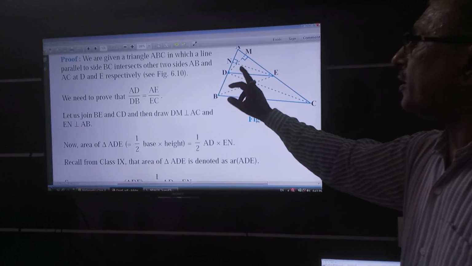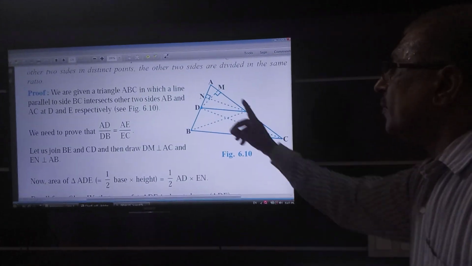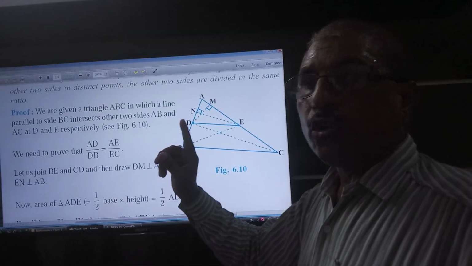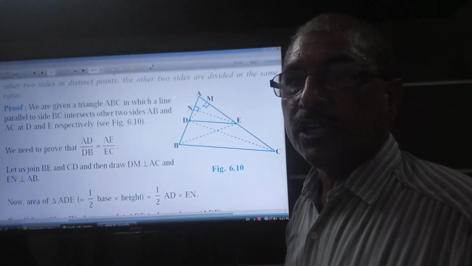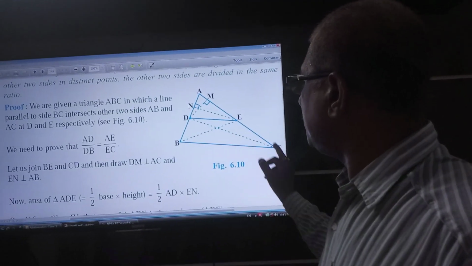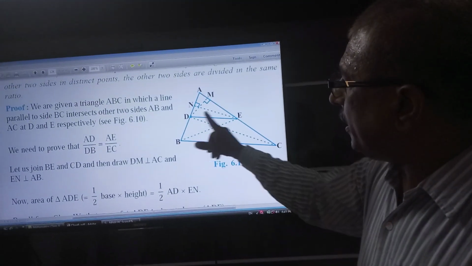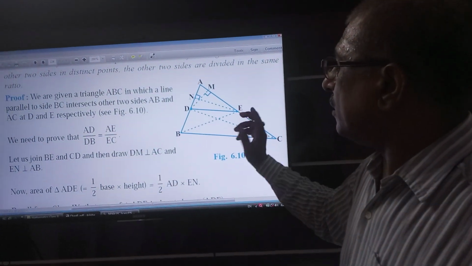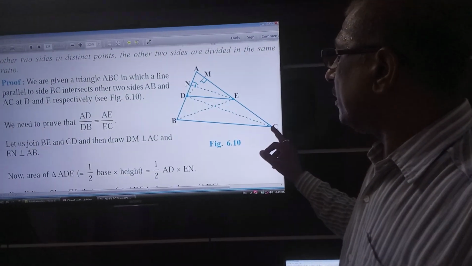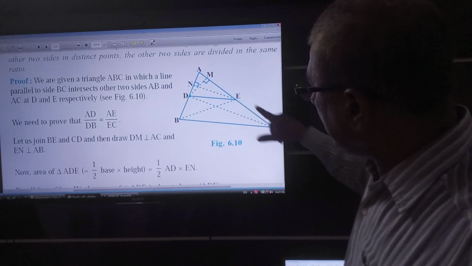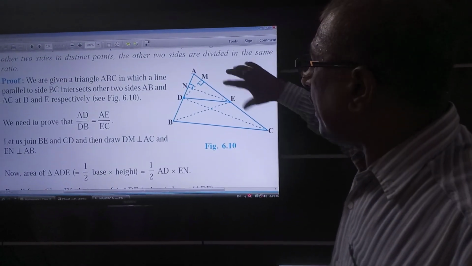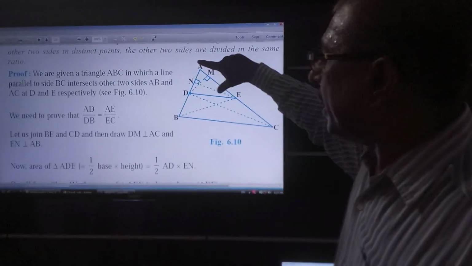Now you consider the other triangles in which AE and EC are involved. AE and EC. So can you see triangle ADE and another triangle DEC. In triangle DEC, this EC is involved, and in ADE, this AE is involved.